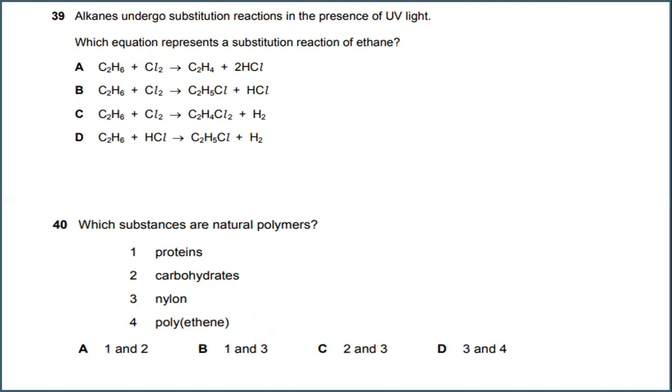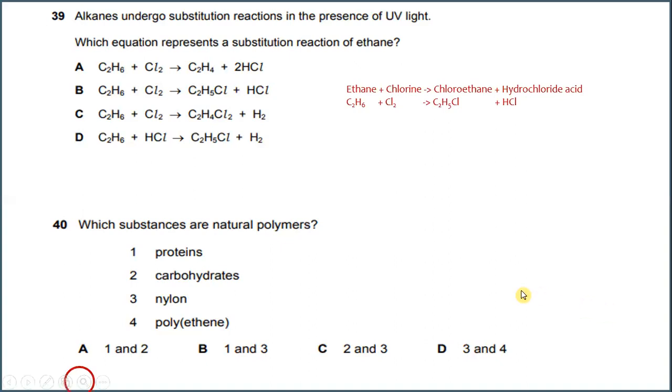So I would say the answer for number 39 is B. When ethane plus chlorine reacts, it will produce chloroethane plus hydrogen chloride. C2H6 plus Cl2 produces C2H5Cl plus HCl.